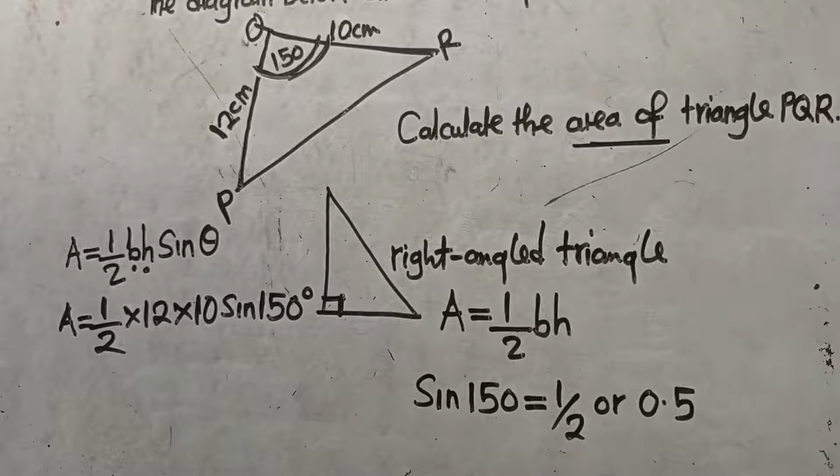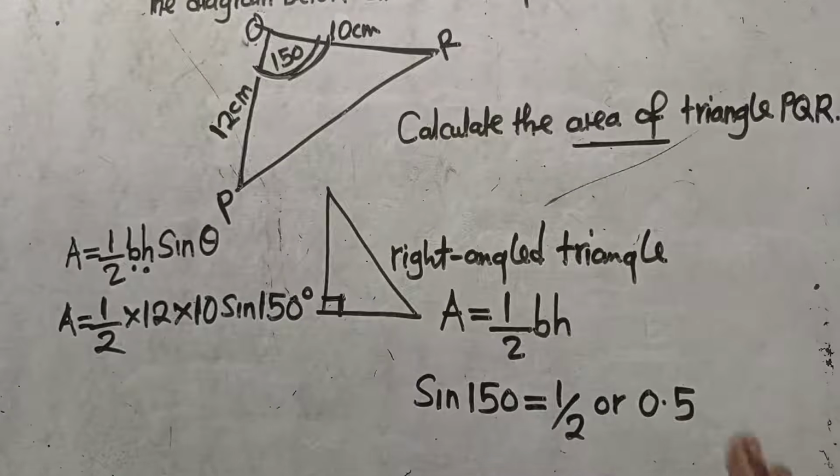You won't find cos 150 in paper 1 ECZ. You find sine, where you just need to put the sine there. So you just need to know it like this. I've told you they are what we call reference angles, but I don't want to go that way. I just want you to understand these things just like this. Just know this one.